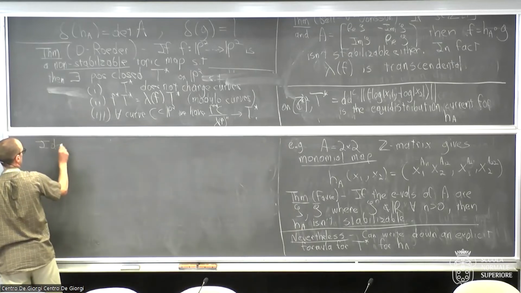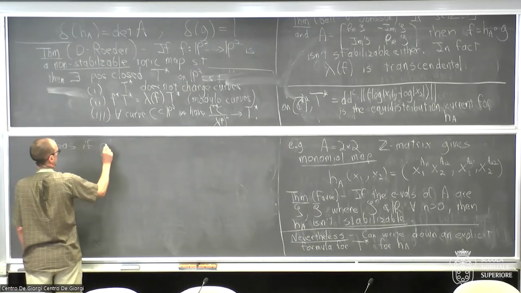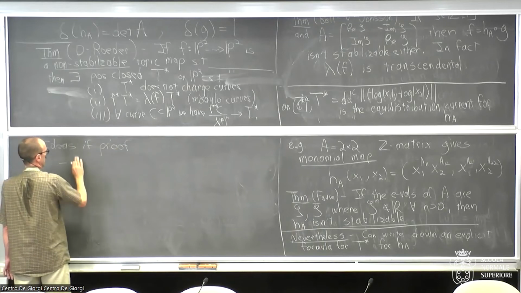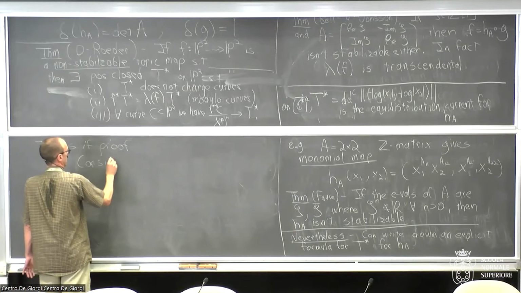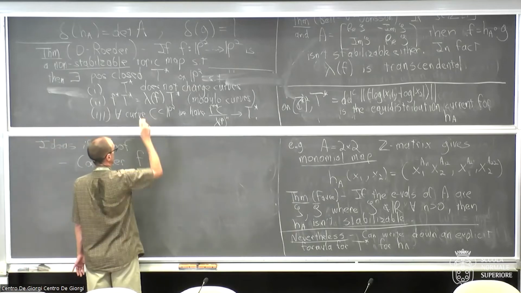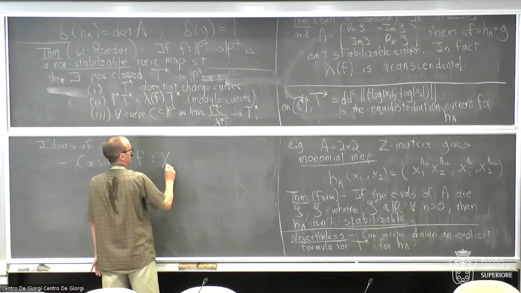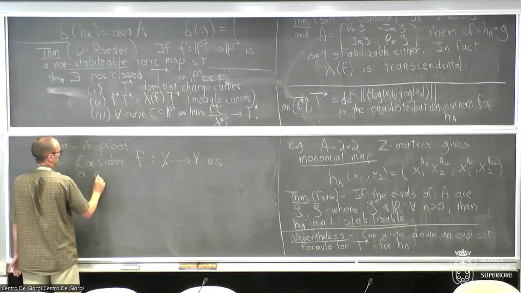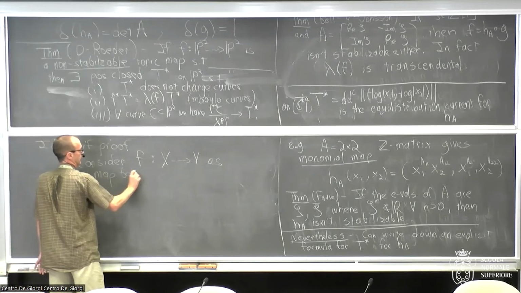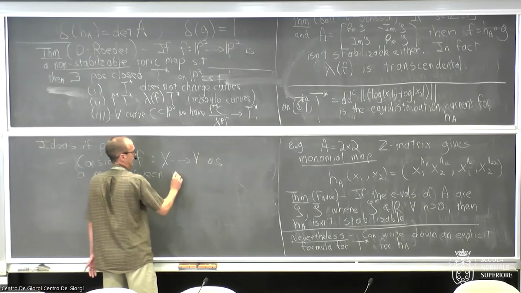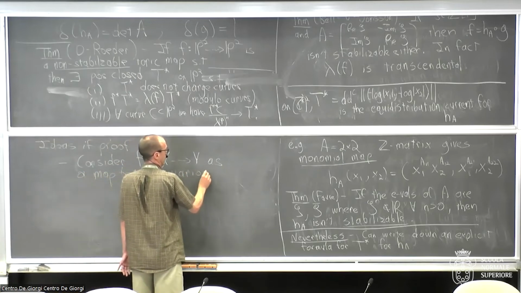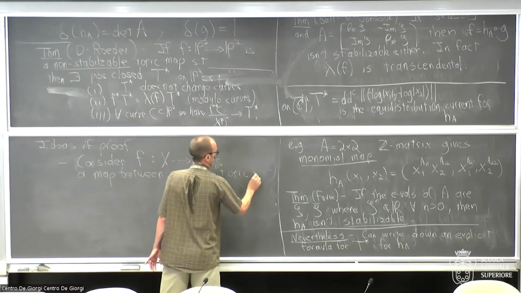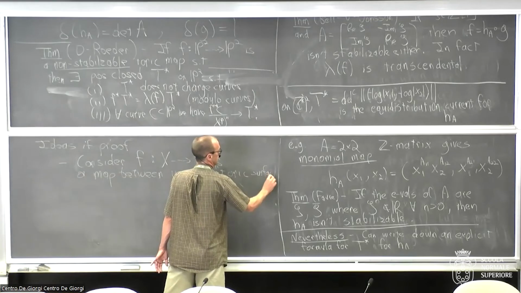So, ideas in the proof. First, you consider the map and the theorem not on P2, but as a map between various "toric surfaces." Since I haven't defined toric surfaces, I'll put it in quotes.